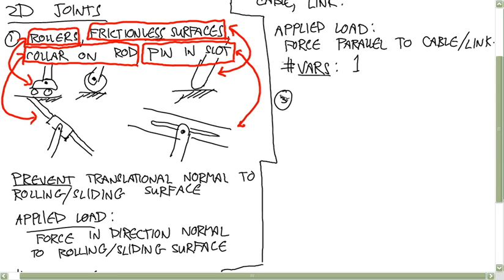The third type of joint is a pin or a surface with friction. These two are going to be treated mathematically the same.